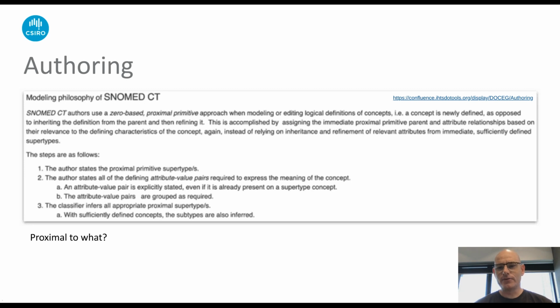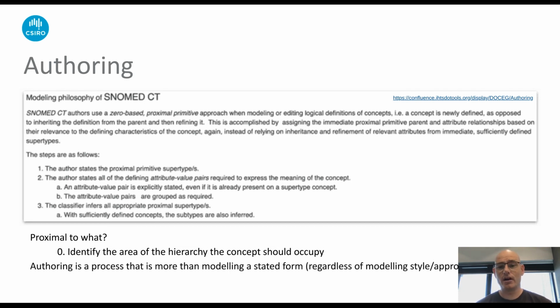So I guess the first thing to note about this is: proximal to what? And I suppose this belies the fact that there's really a step zero, which is the author planning through what they intend to do and probably identifying where they intend this to end up in the hierarchy anyway. So the point from that is that authoring is more than the process of just stating the stated form.